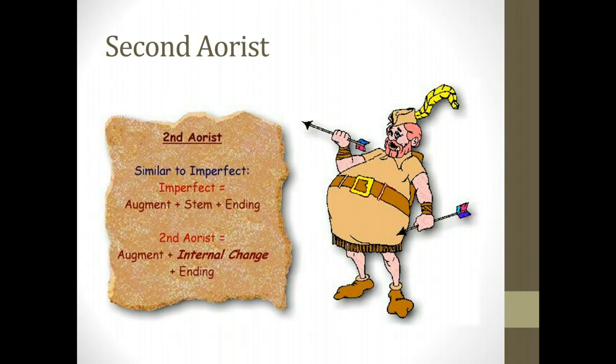Then you might be asking yourself, well, how are you going to tell the difference between a first and a second aorist without that sigma suffix? Well, that's because there's going to be an internal change that takes place. That is a difference in the spelling of the word. That will be your clue that you're dealing with the second aorist, and that's why Baal has got this rather large belly on him, because he's got some kind of internal change happening to him there that will remind you.